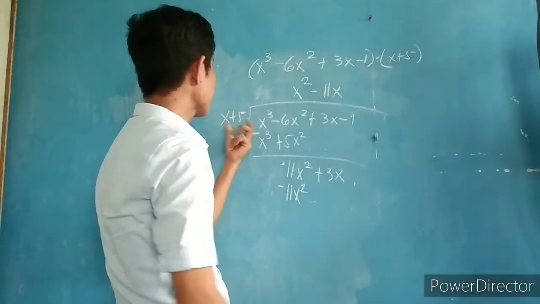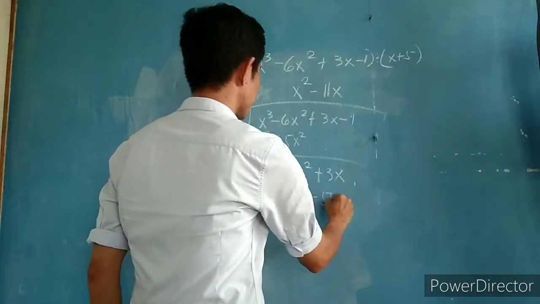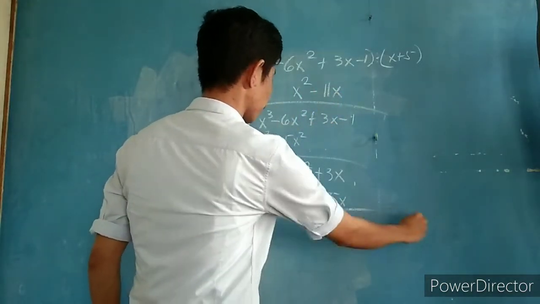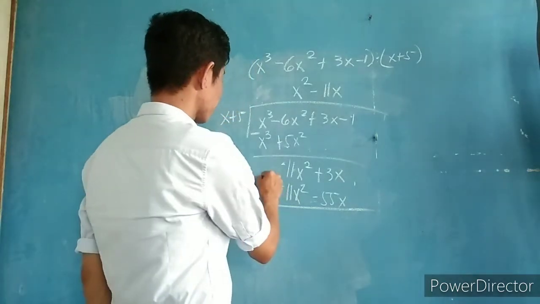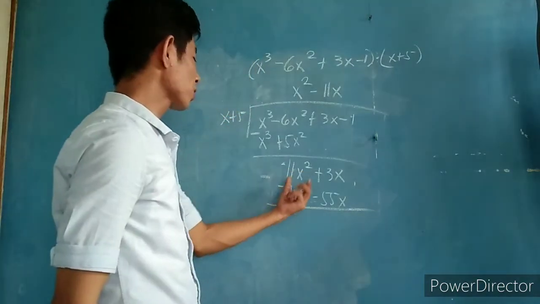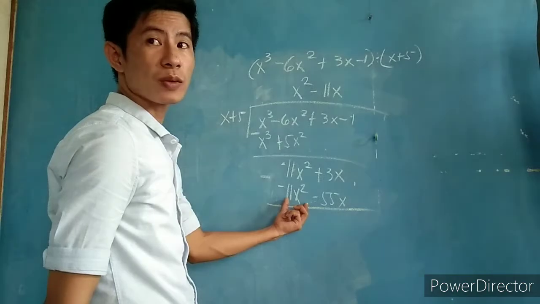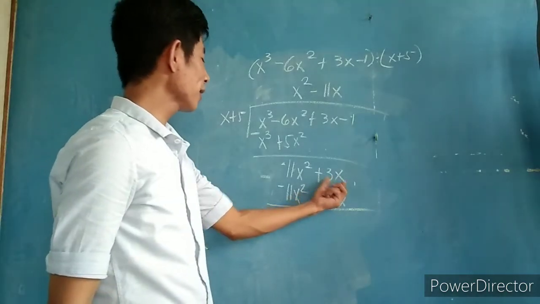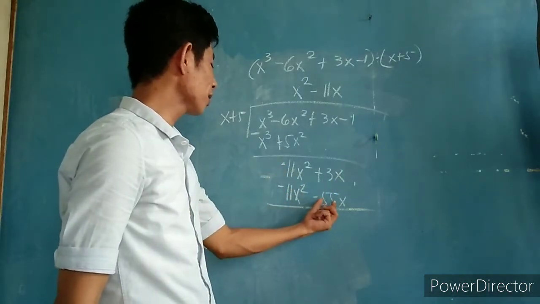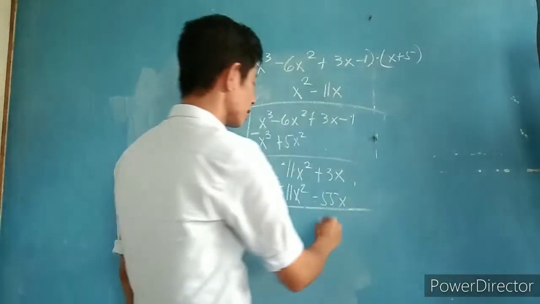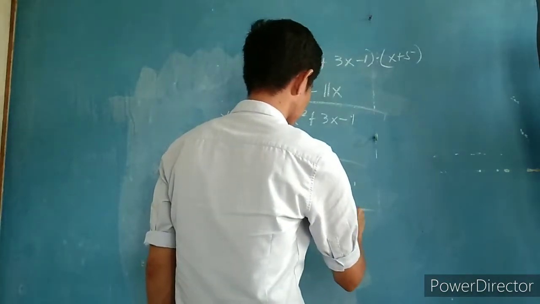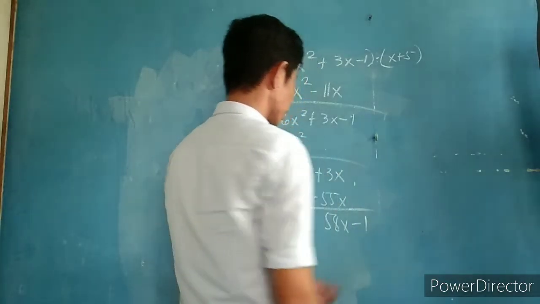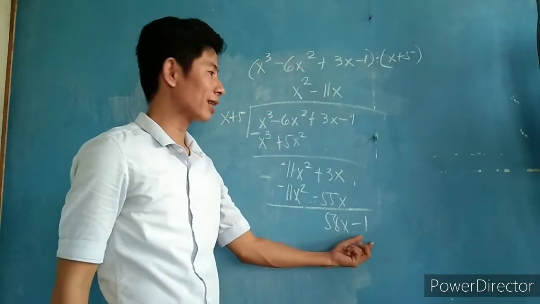Negative 11x times 5 is negative 55x. Then subtract. Negative 11x squared minus negative 11x squared is 0. Then 3x minus negative 55x is positive 58x. Bring down the next term, which is negative 1.